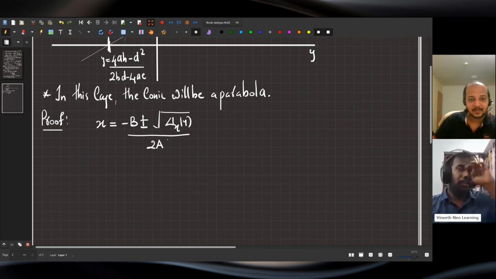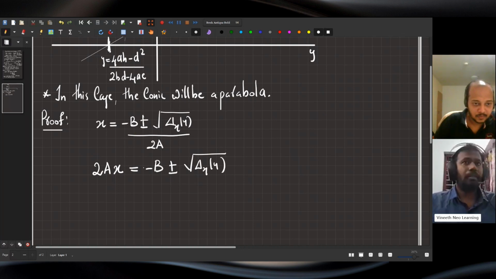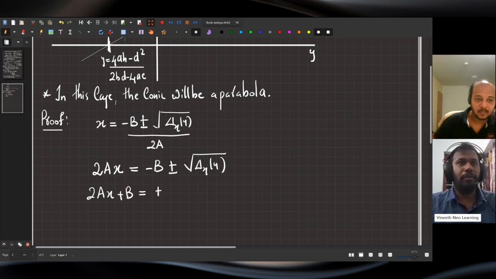This is the condition. I just rewrote that equation. If we rearrange this, we get 2ax equals minus b plus or minus square root of delta x of y. Then 2ax plus b equals plus or minus square root of delta x of y.